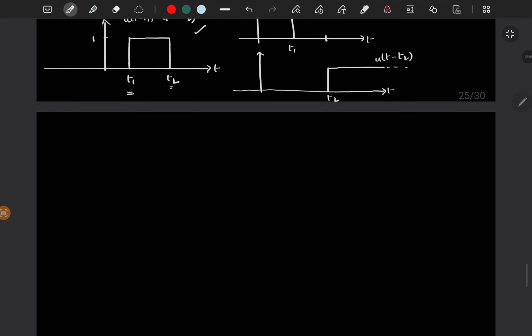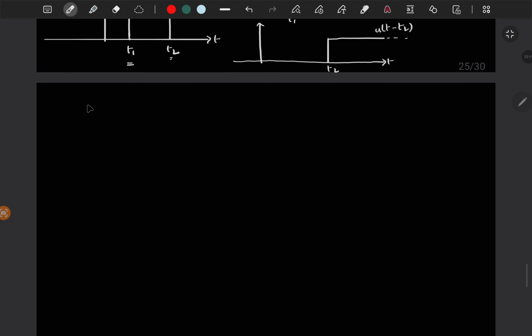And let's see one more example. Let's say we have an exponential graph here, and it is there till infinity. Let's say this equation is, so if you remember, this is the charging voltage of the capacitor. This is voltage across the capacitor, right?